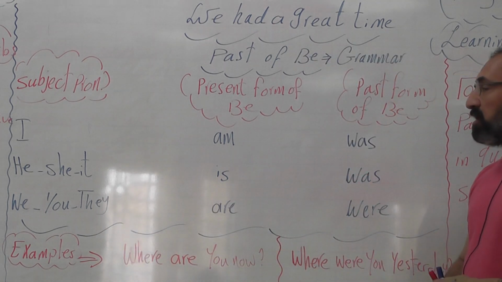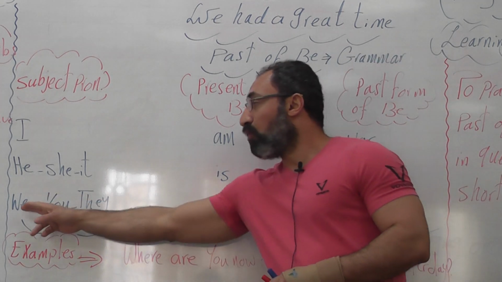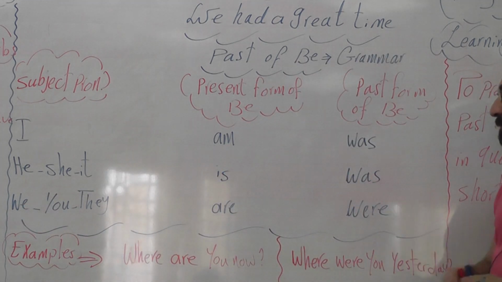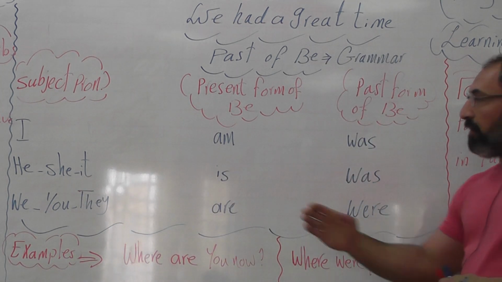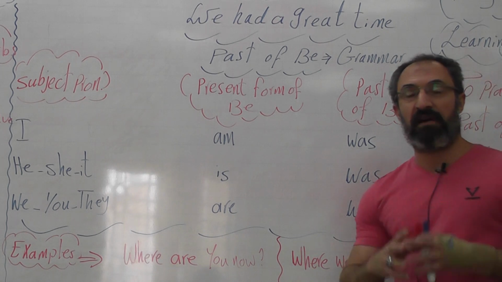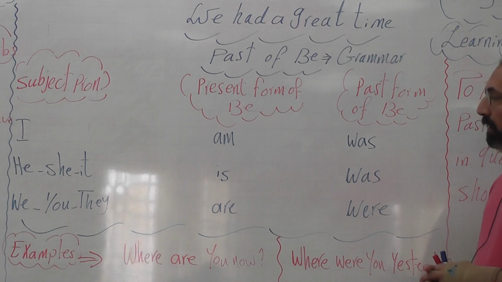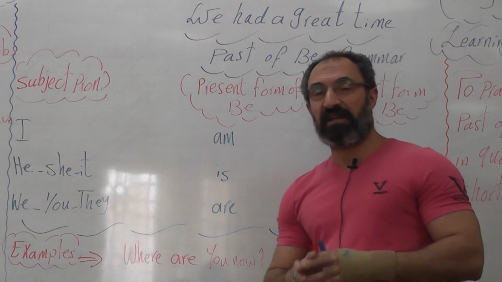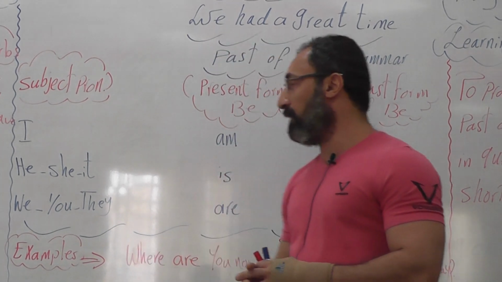Any one of them should be taken with were. So I have to say we were. You were. They were. Then comes the object to have a complete meaning in our sentence.